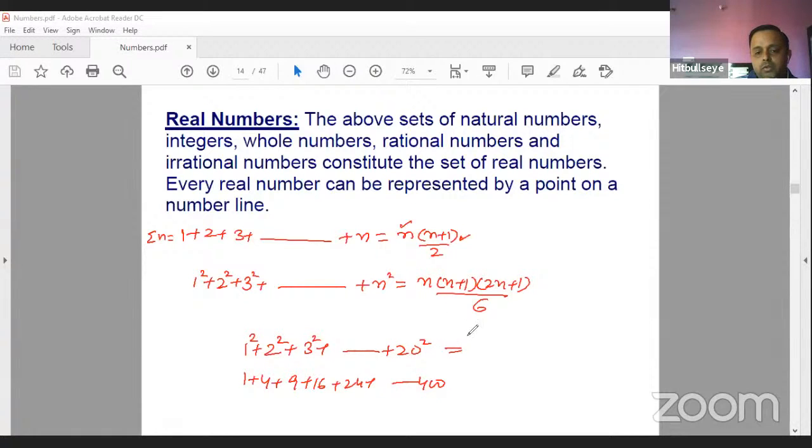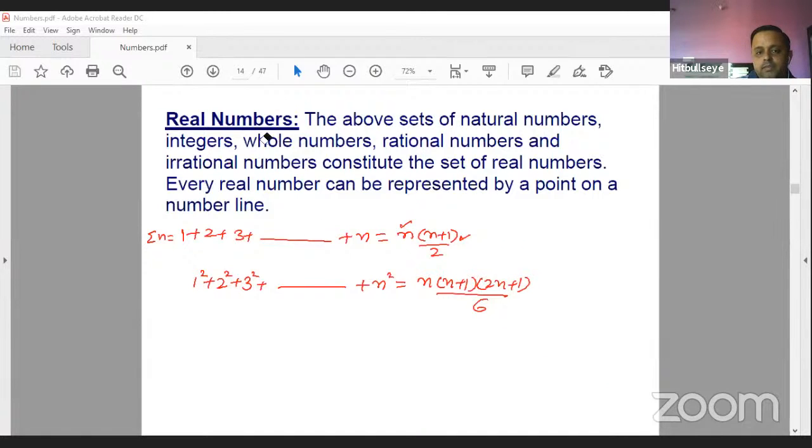So put n equal to 20 here, you will get 20 into 21 into 41 by 6. Simplify this and you will get your answer, 2870. So sum of squares of the first n natural numbers is given by n into n plus 1 into 2n plus 1 by 6.